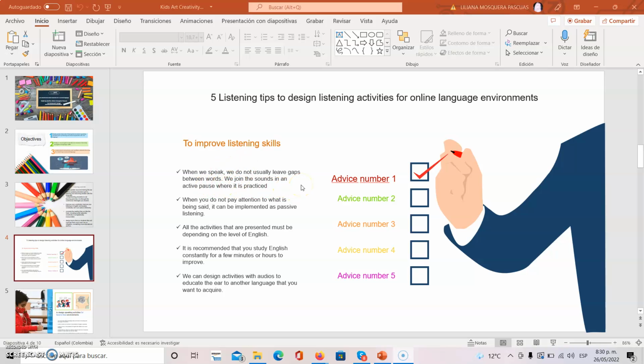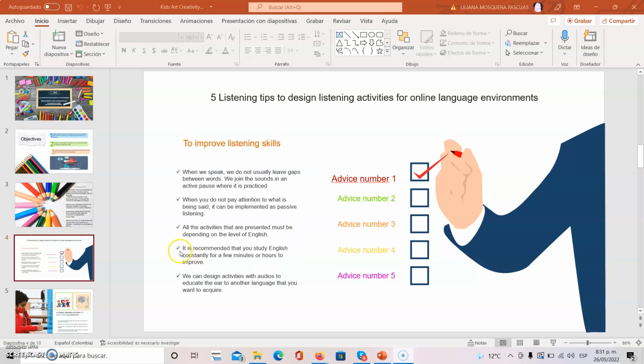We join the sounds together. Active listening is where it is practiced. When you don't pay attention to what is being said, it can be considered passive listening.